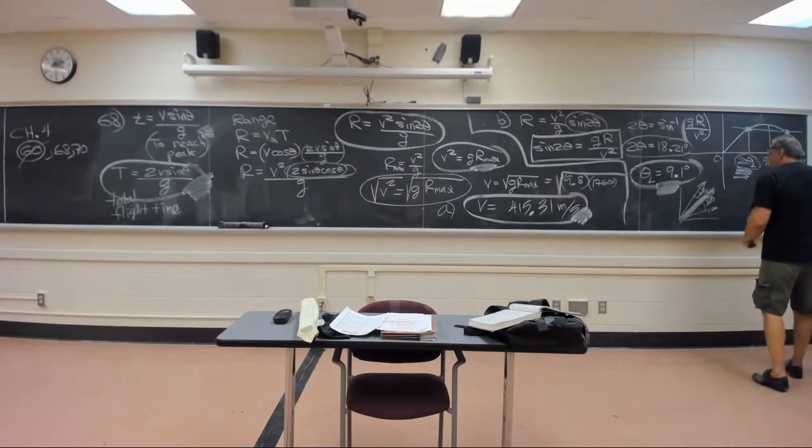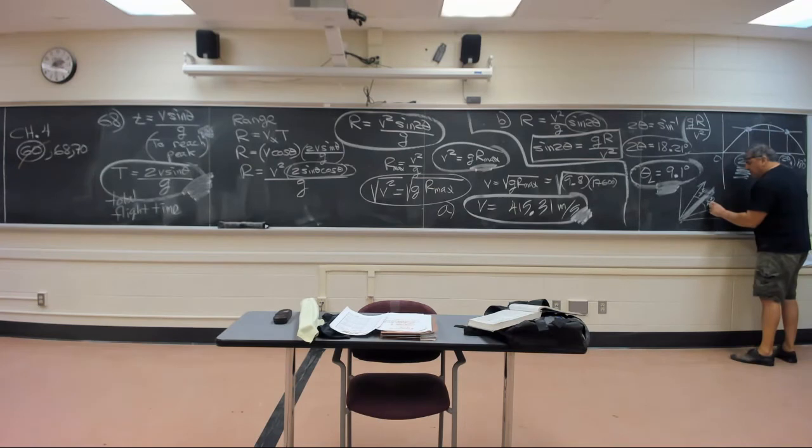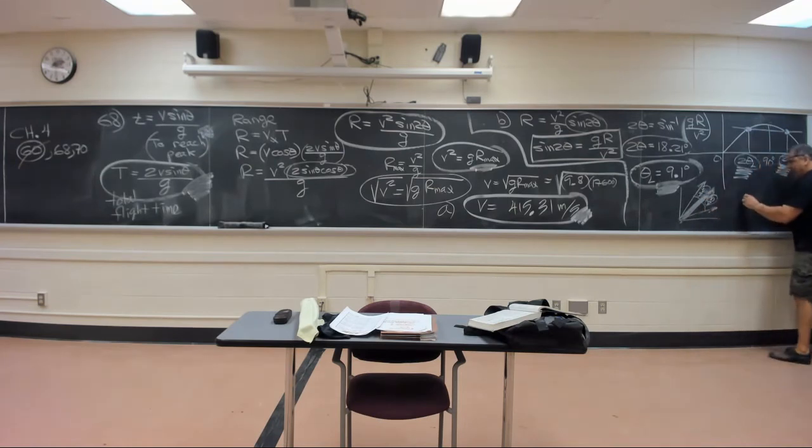Another way you can say it is they both add up. If one's under by a certain amount from the 45 and the other one's over by a certain amount from the 45, then theta L is equal to 45 minus some delta theta, and theta H is 45 plus some delta H. In this case, 35.9.